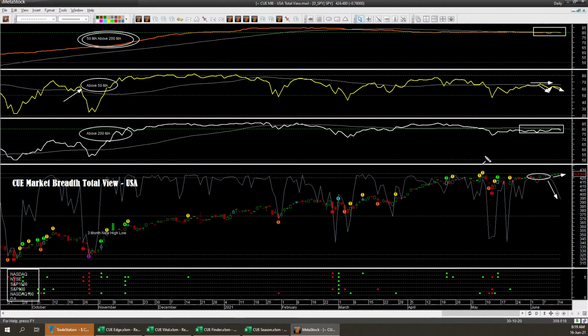And here I am plotting SPY. In this plot, the price candles are not so important. What is important are the 50 MA, 200 MA calculations, the 3-month new high low, the accumulation distribution counts, and some other additional signals.